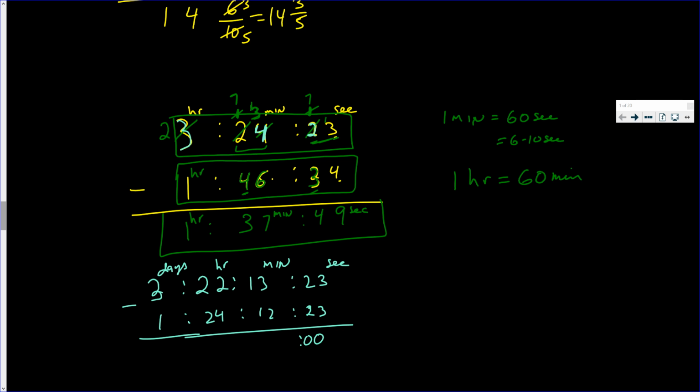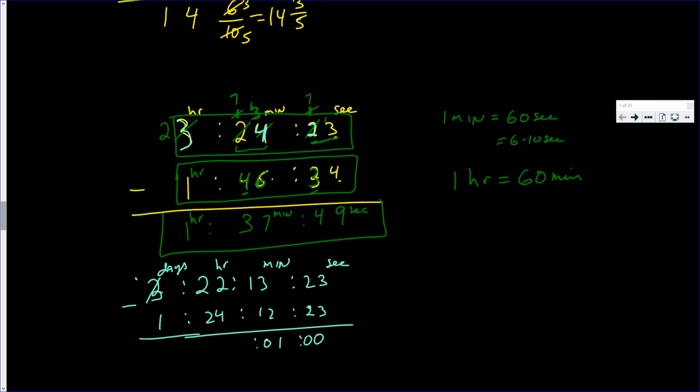You have 0 seconds. You subtract the minutes, you should really write it down as 0, 1. But now you can't subtract 24 from 22, or you can't subtract 4 from 2. I mean, okay, so what you need to do is borrow.